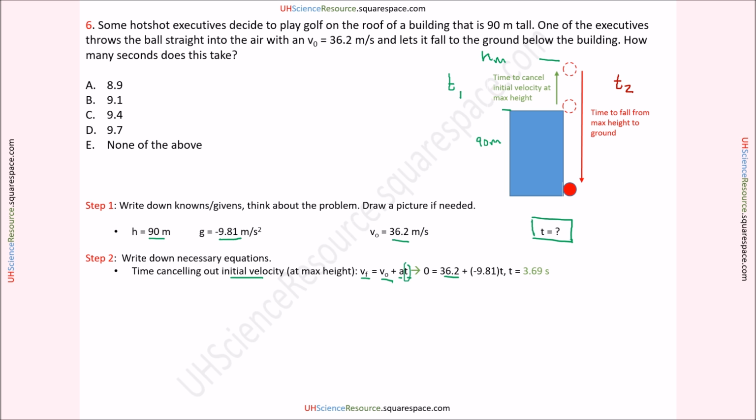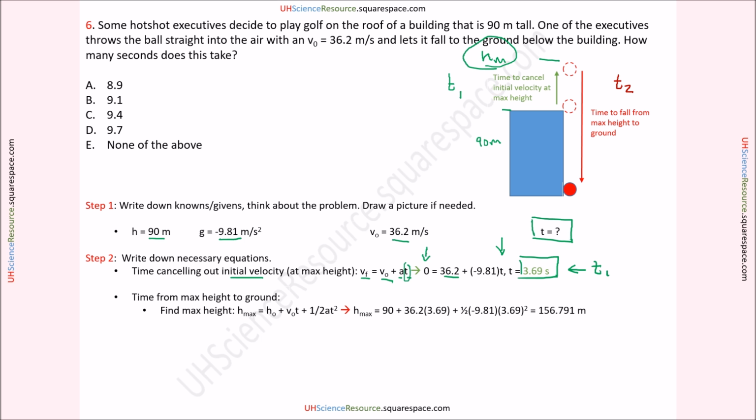So then the final velocity will then have a velocity of 0. At that point, that's where it's going to be at its maximum height. So we have all our variables, and so we can solve for the t, or the time. If we do that, it's going to come out to 3.69 seconds. So that's going to be our T1.